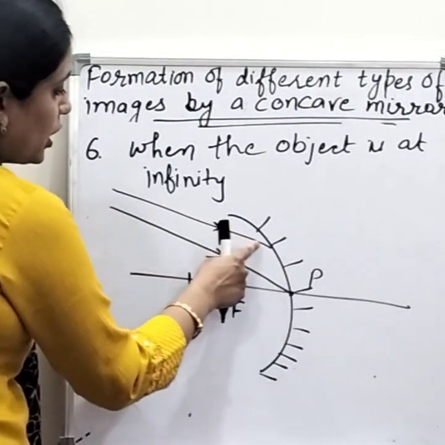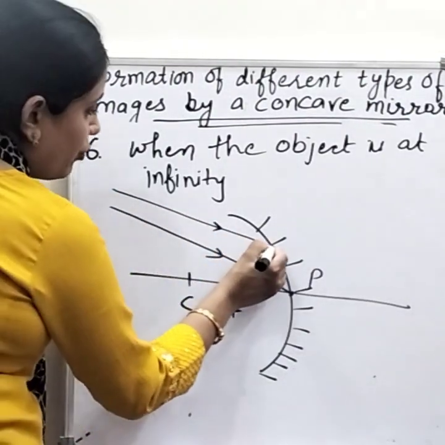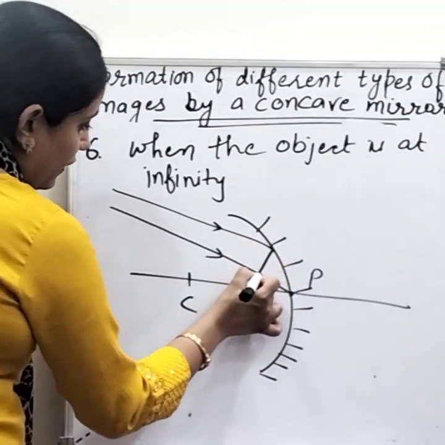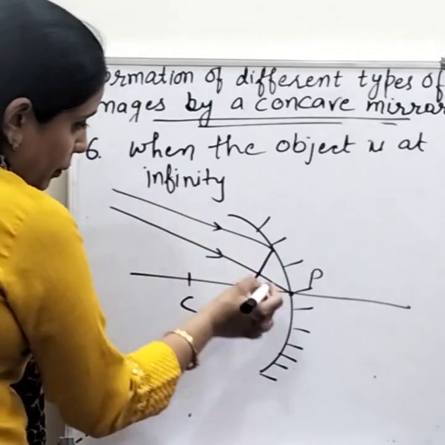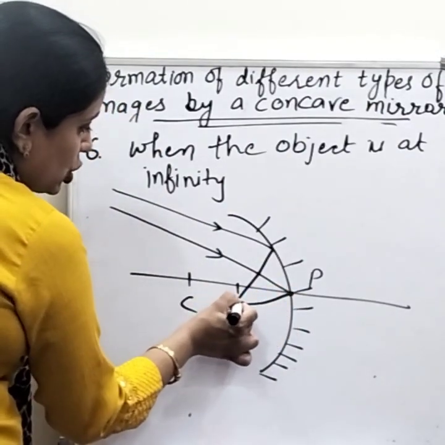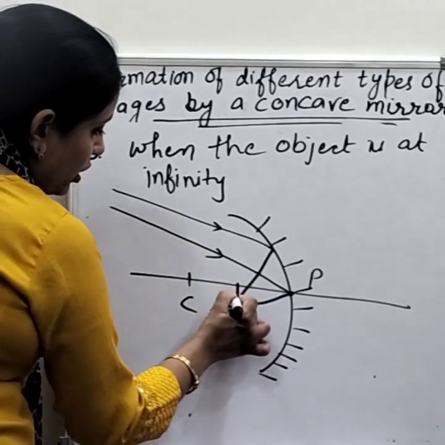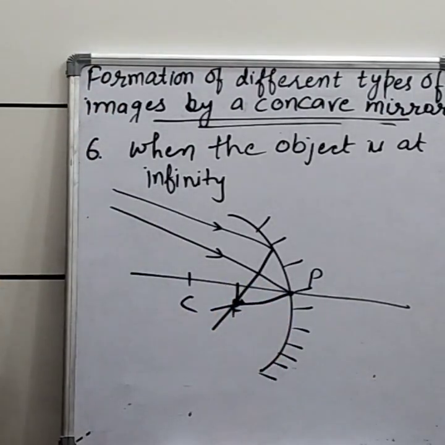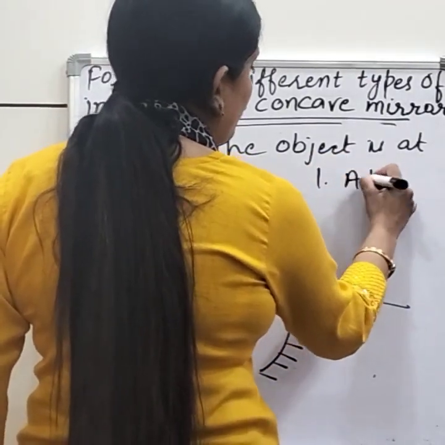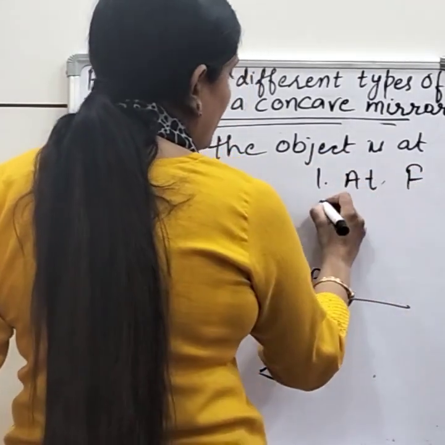So when these rays fall on the mirror, then after reflection, at some angle, the same as this ray, these two rays meet at this point, and that point is known as the focus point. So when the object is at infinity, the image is formed at point F.